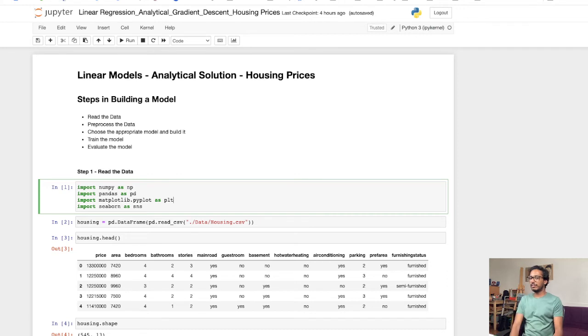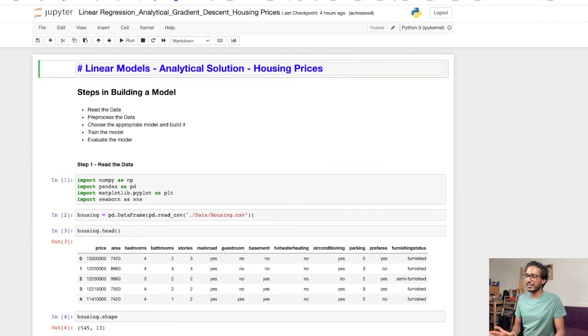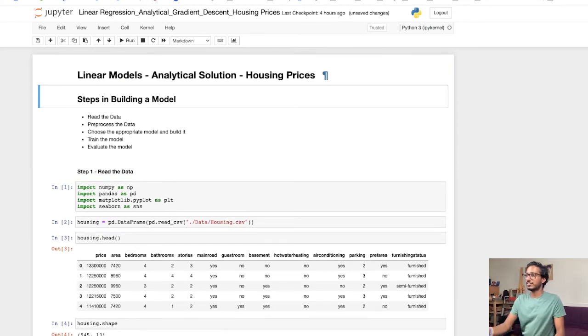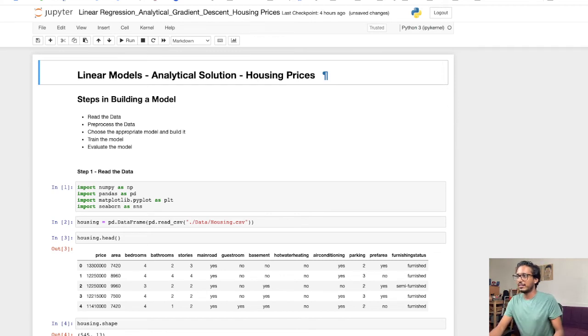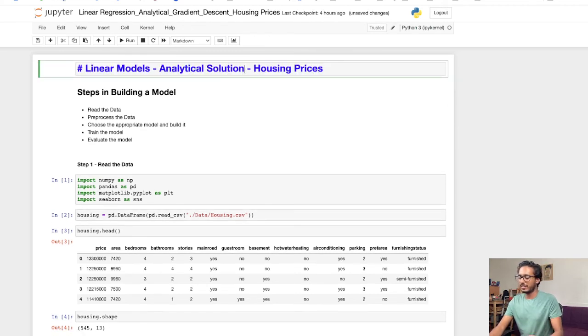Alright, here we have the analytical solution as well, because I wanted an analytical solution. Let me edit this: analytical solution and gradient descent.